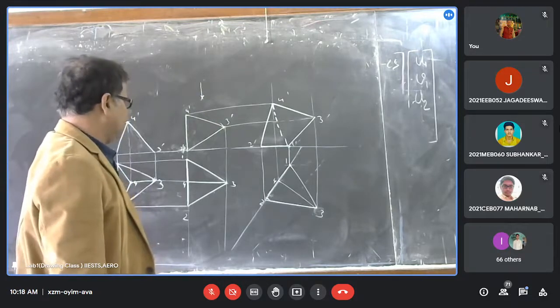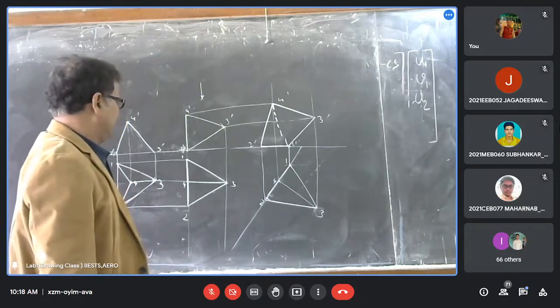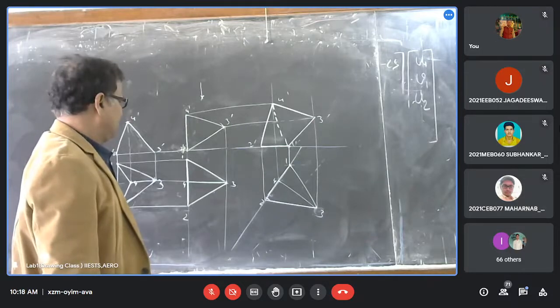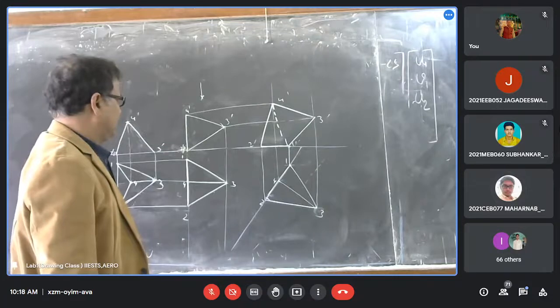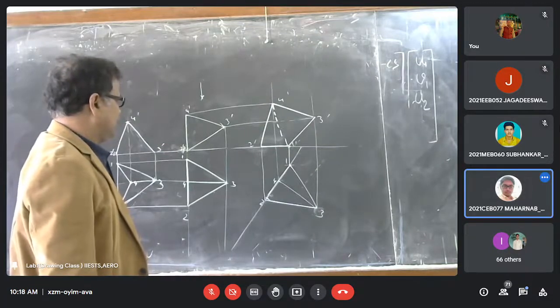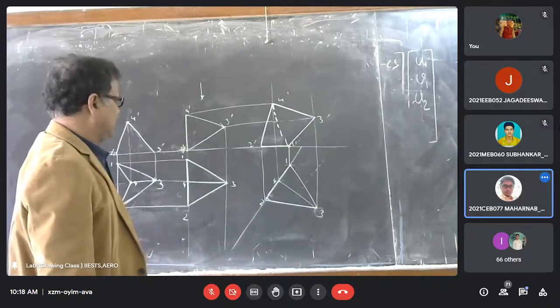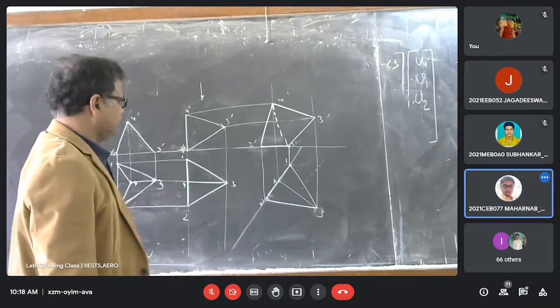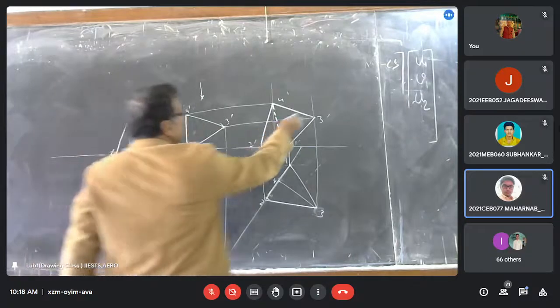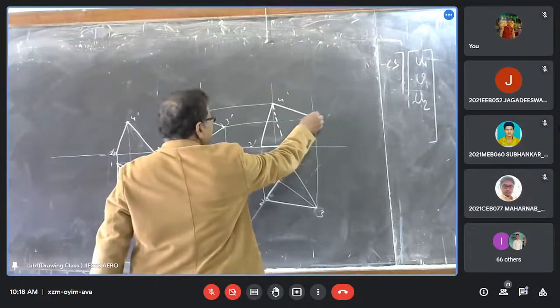You are rotating in this way. Sir, 2 dash 3 dash also can't be seen. 2 3 you can see.